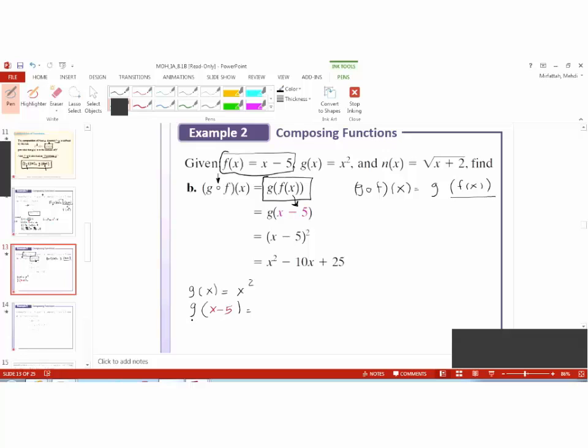So, Jared, can you tell me what g of x minus 5 would be then, in this case? X squared? No, if g of x is equal to x squared, what would g of x minus 5 be? You replace whatever you have in red with the variable x in g of x. That's all it is.